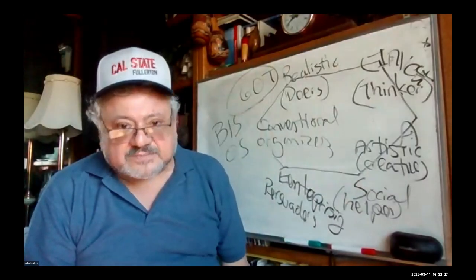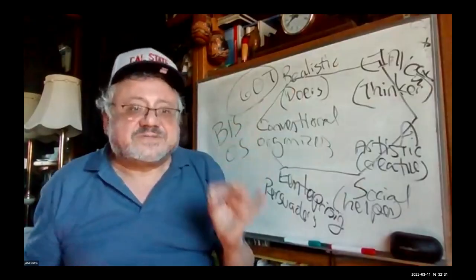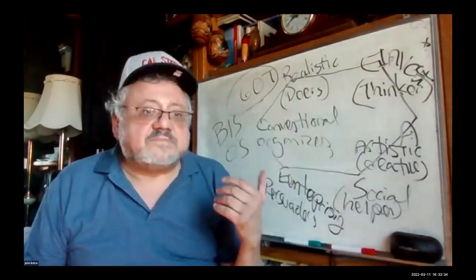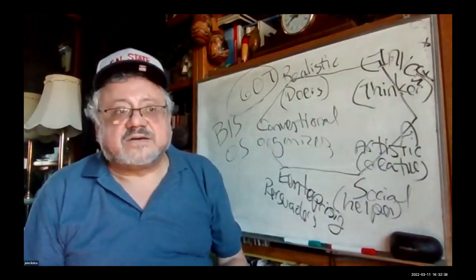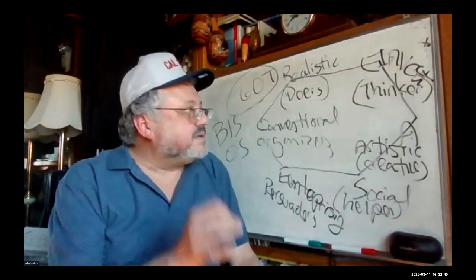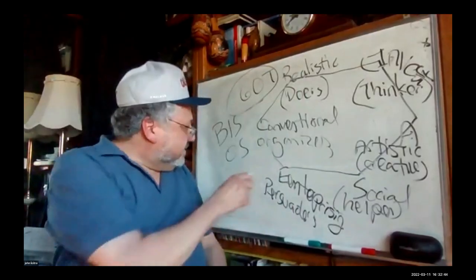So each general occupational theme not only has a specific subset of basic interest scales to help support that theme, that corner, but also has its own set of occupational scales that are specific to that theme. And then you have a couple more.